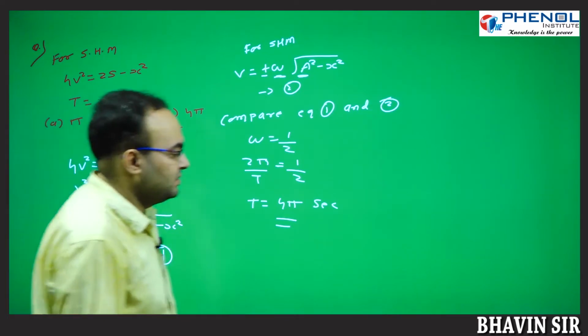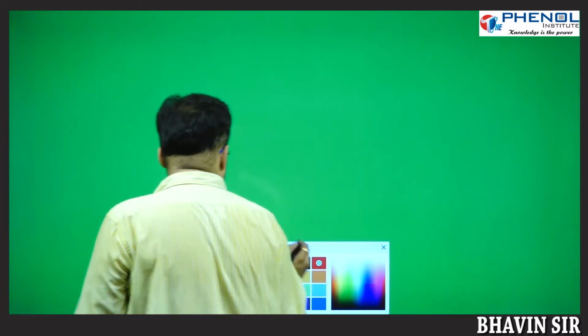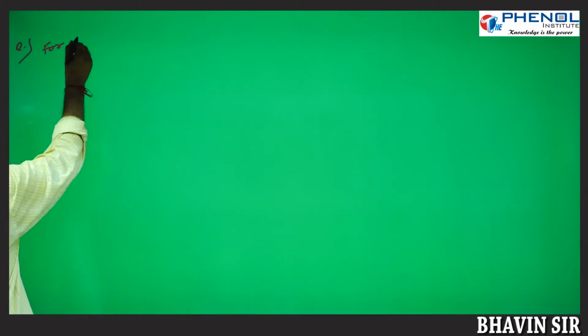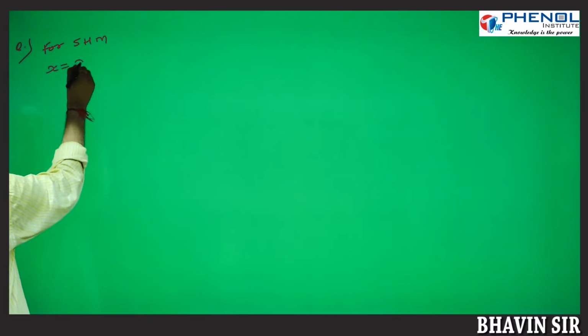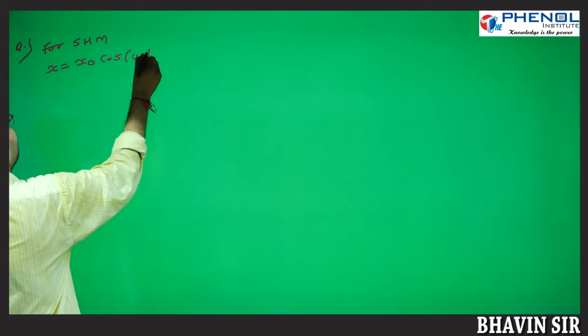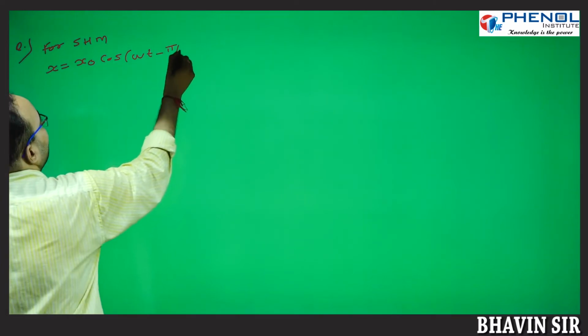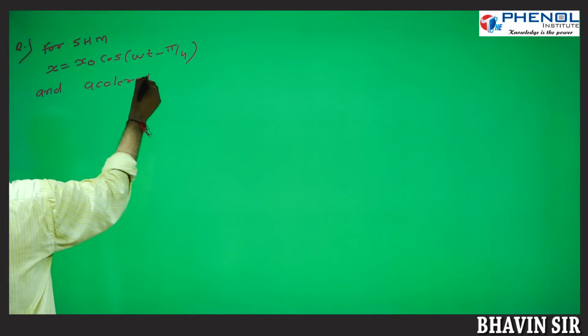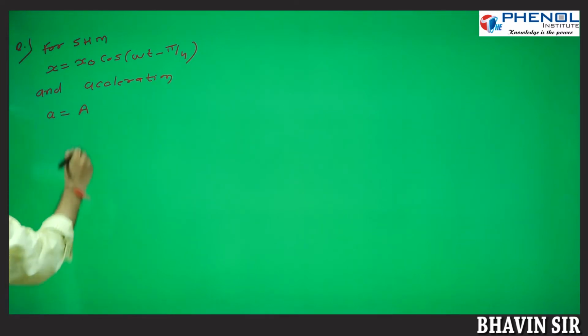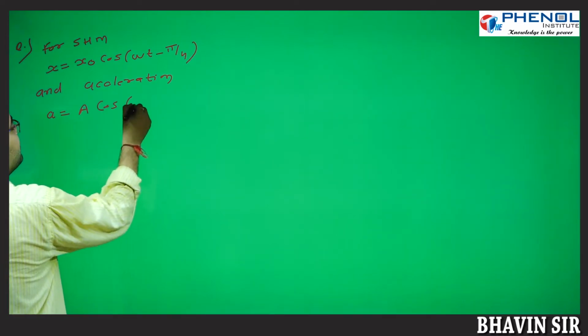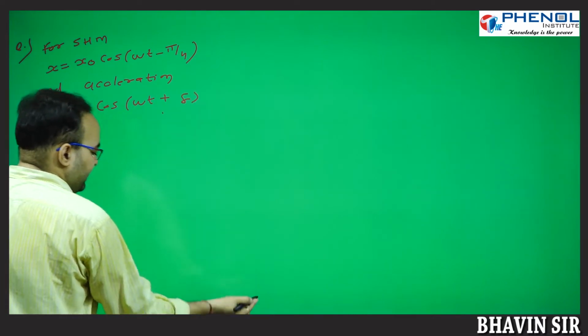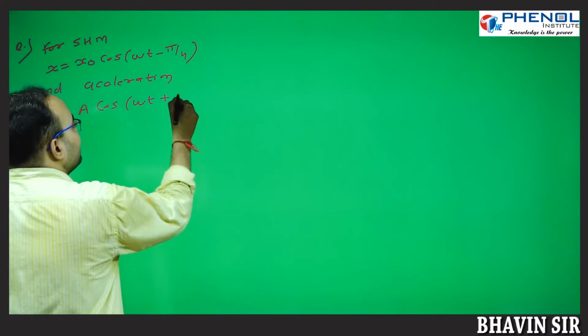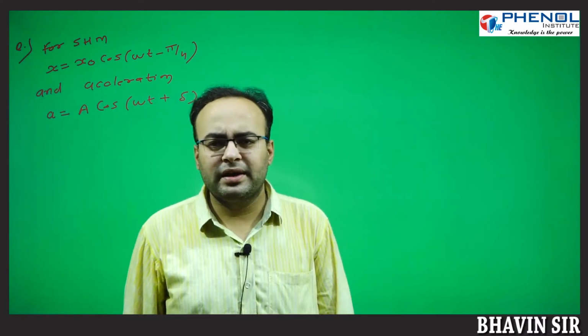Now next. For SHM, displacement is given by x equals x naught cos omega t minus pi by 4, and acceleration is given by, small a is the acceleration, capital A is amplitude, acceleration is given by A cos omega t plus delta.